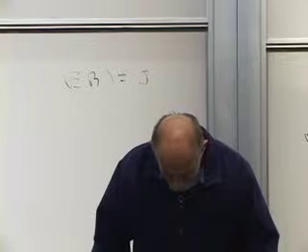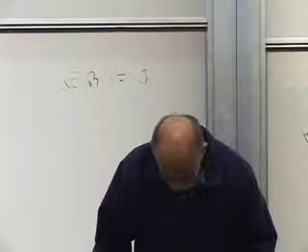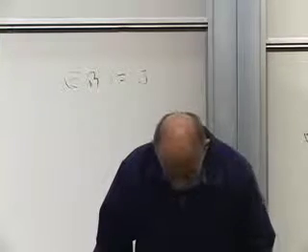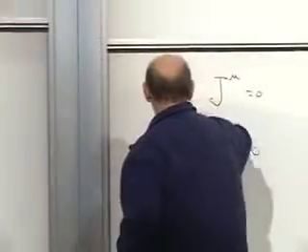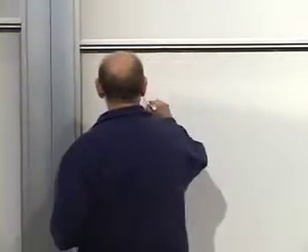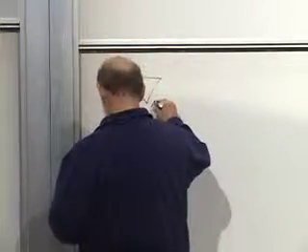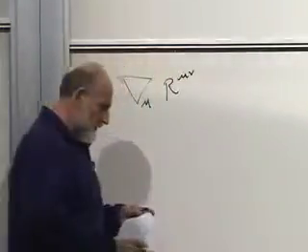Here's the identity that you find. You find that del mu of R mu nu is not equal to 0.